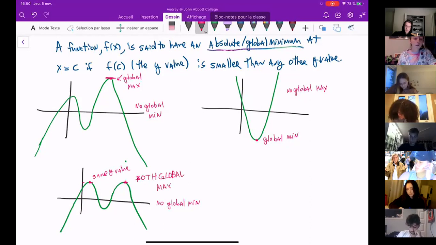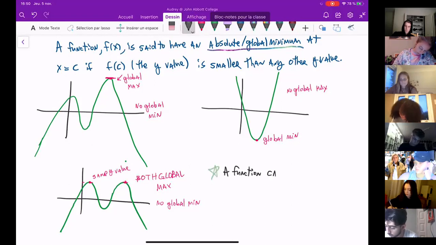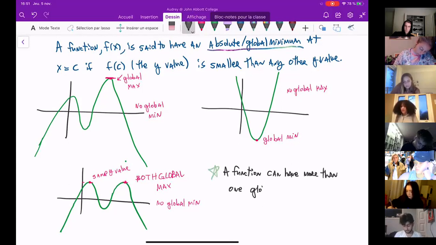So a function can have more than one global min or max as long as it's higher or lower than everywhere else, if it's the same y value.